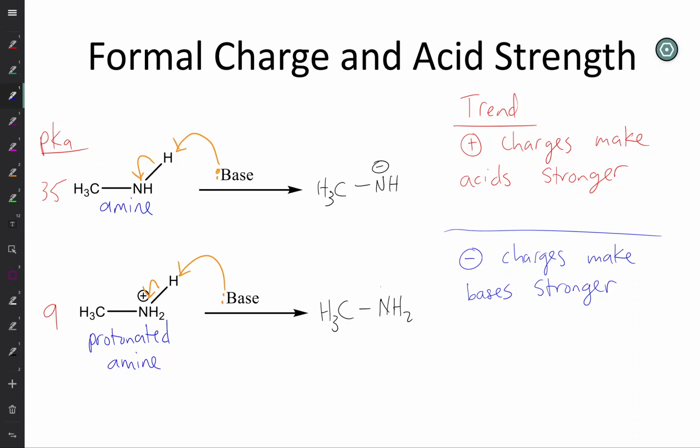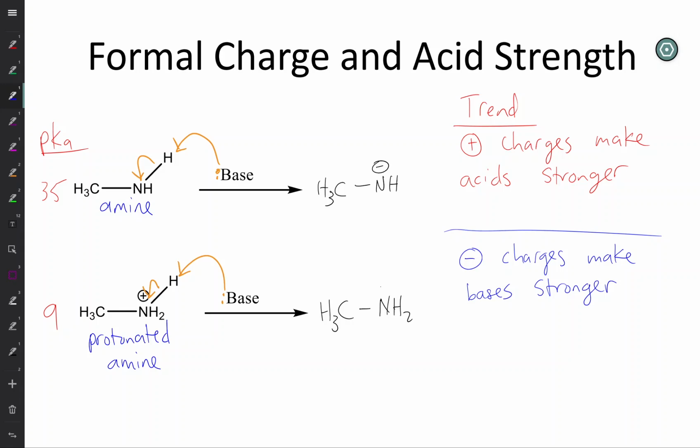All right, so the question is, I understand why the negative charge would make a base stronger, because a negative thing is going to be more attracted to a positive thing, more attracted to H plus. Why would a positive charge make an acid stronger? Well, if you think about it, when something already has a positive charge, usually taking that charge away is going to make it more stable.